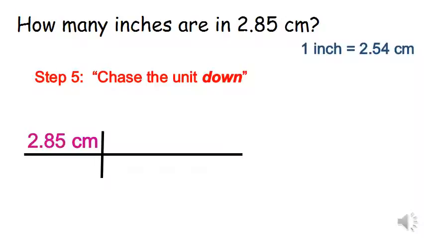The most important part of this is you do need to chase this unit down. You see this unit right here, this centimeters unit? That's the unit we're going to be chasing down. Watch. The reason we do that is because that will allow these units to cancel out. See, a centimeter divided by a centimeter is 1.